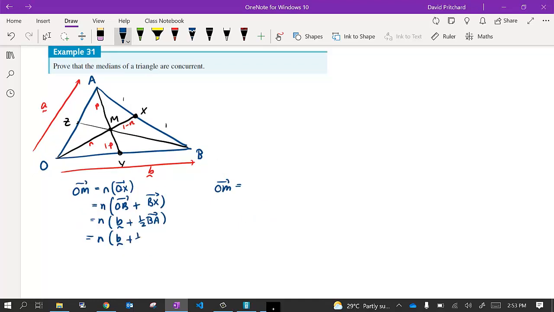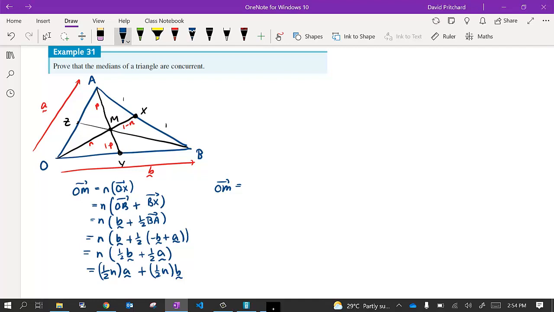And to go from B to A, we're going to have to go backwards along B and then forwards along A. So it will be negative B plus A. So now we've broken that down to n. We've got B, take 1/2 B, so that means we've got 1/2 B plus 1/2 A. So we end up here with 1/2 n in the A component and 1/2 n in the B direction.